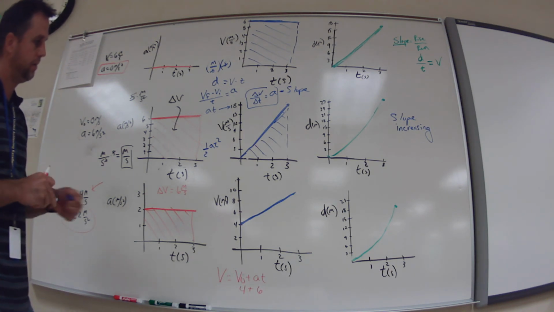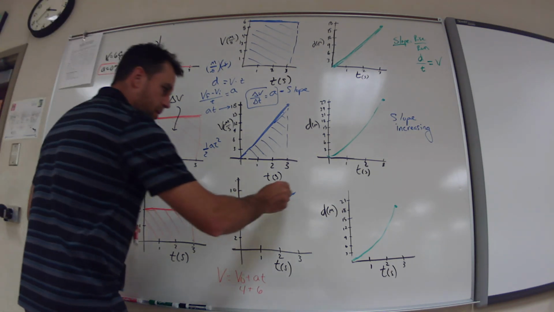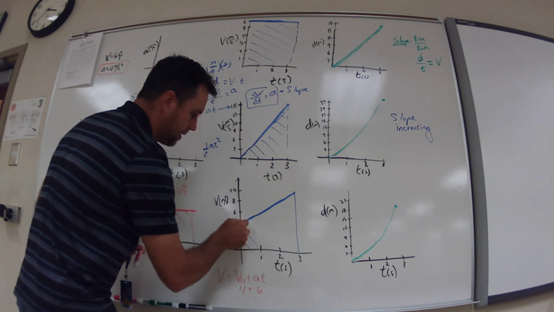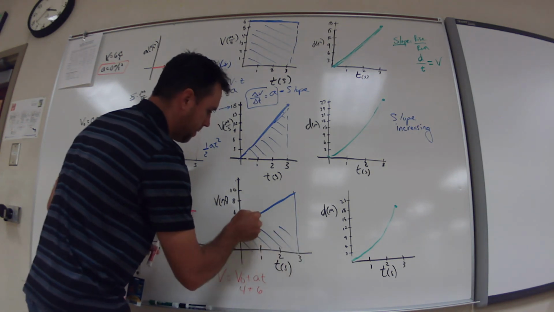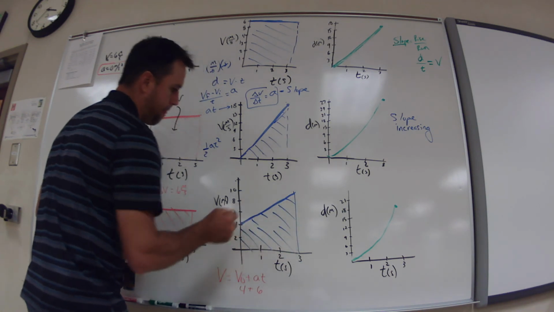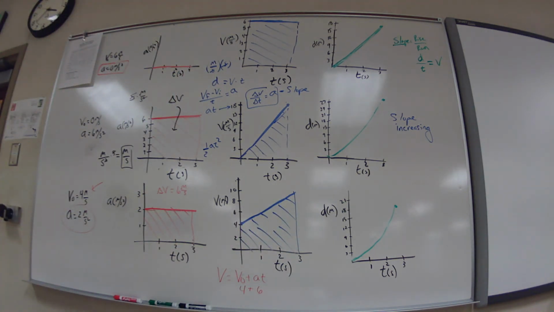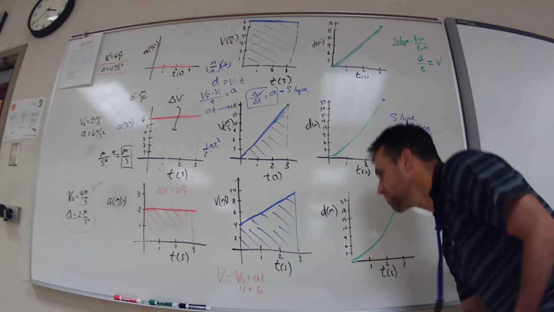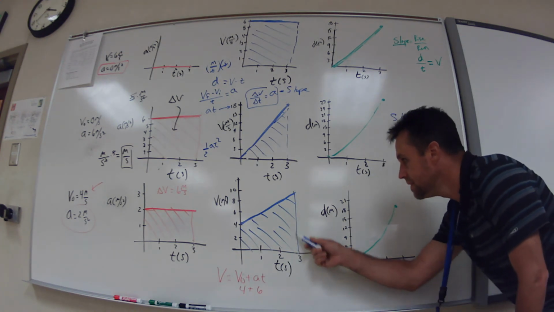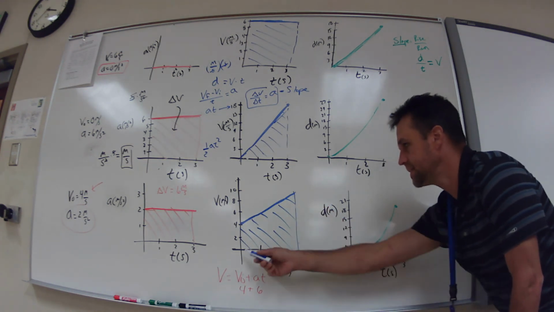Okay, and I could find the area under that as well. Well, there's kind of 2 different ways to think about finding that area. One of them is to think of this as a trapezoid. Okay, it doesn't really look like a trapezoid that you would recognize. So you have to kind of get over here and look at it from the side and see it as having a side that's 10 and a side that's 4.